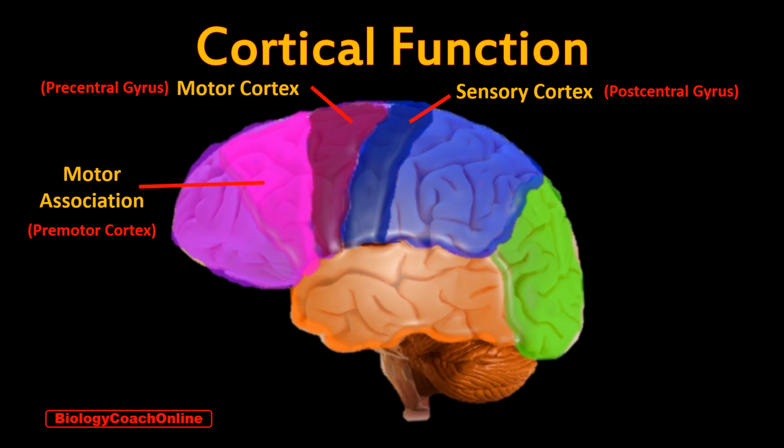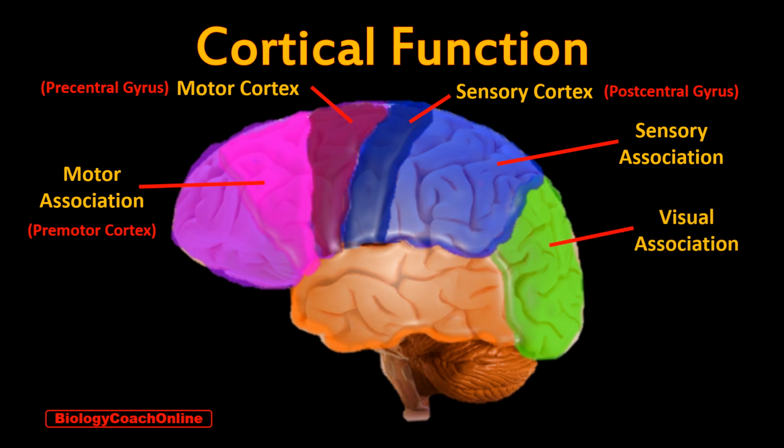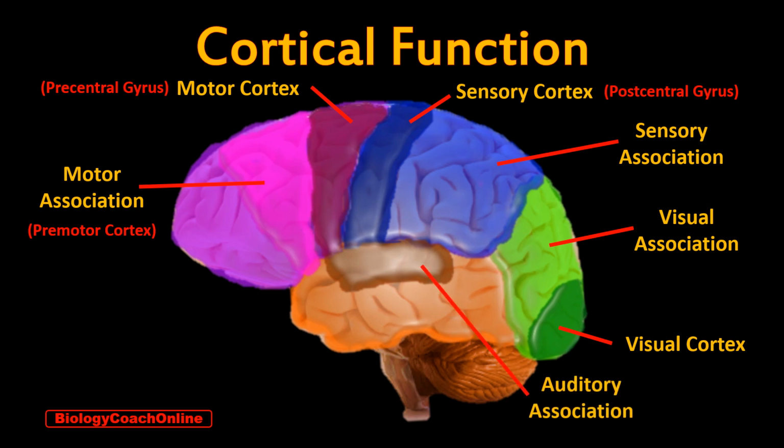The remainder of the parietal lobe is your sensory association area. Your occipital lobe is all about vision, so this is your visual association area, and the tip of the occipital lobe is your visual cortex. The area here is your auditory, remember that's hearing, association area, and your auditory cortex then is right there.